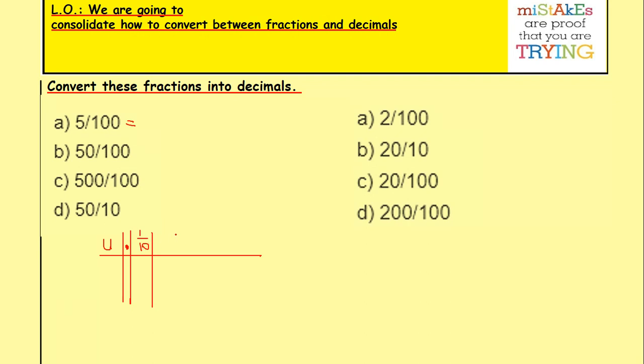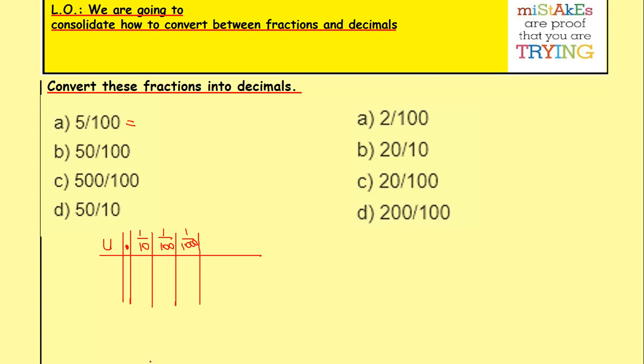After that I will have the hundredths, which I know I can write as 1 over 100. And let's see one more, thousandths, which I know I can write as 1 over 1000.